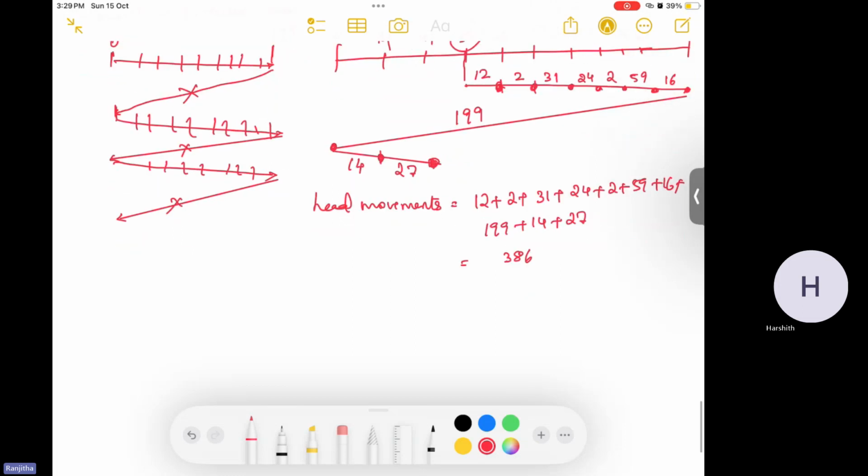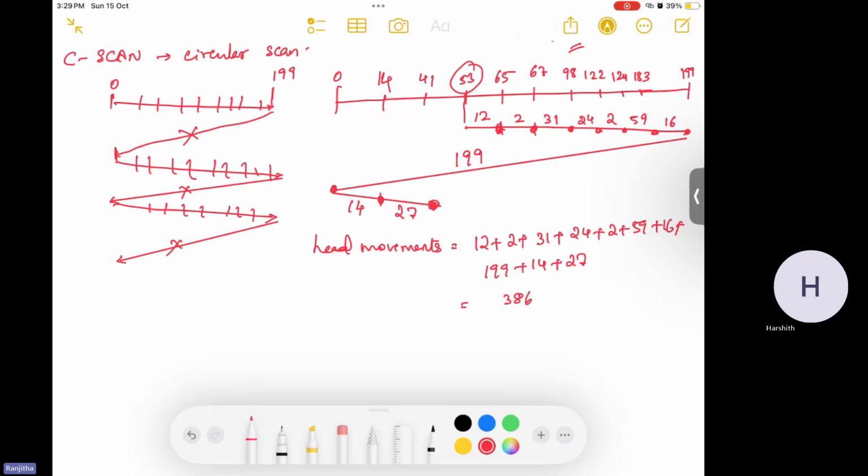So another easy way of computing the head count for these SCAN and LOOK algorithms is like this: from 53 it will go to 199, so it will be 199 minus 53, plus 199 minus 0, plus, from here it has to read 41, so 41 minus 0.